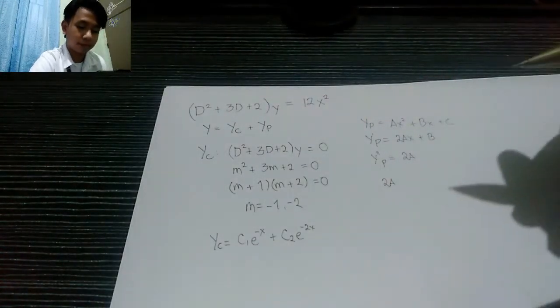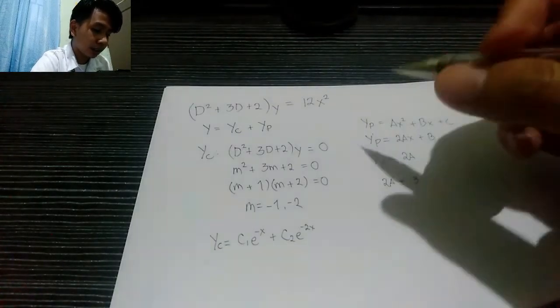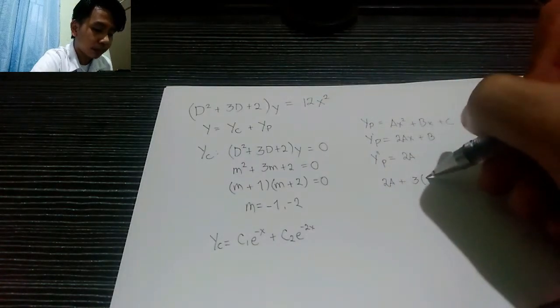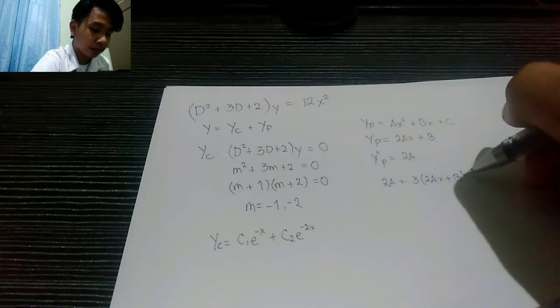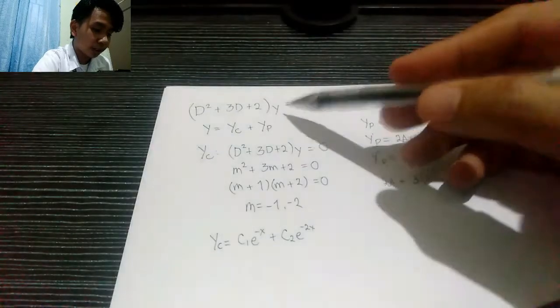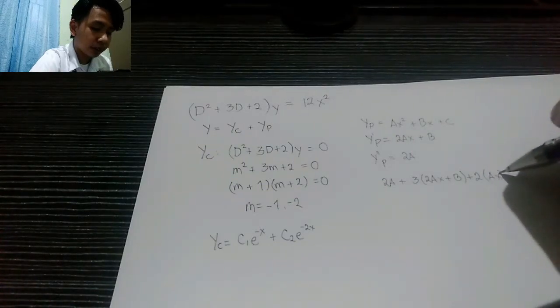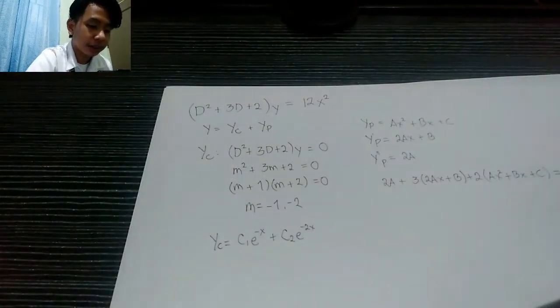2a tapos plus 3 times yung first derivative, 2ax plus b. Then, plus 2 times yp. I-substitute natin ax squared plus bx plus c. Equal siya sa 12x squared.